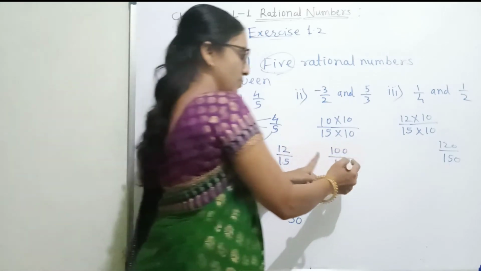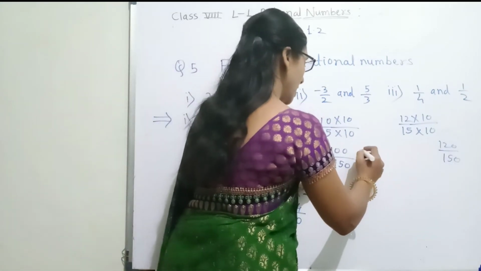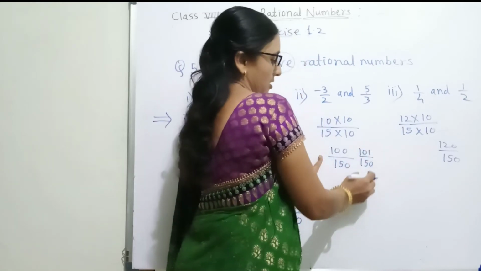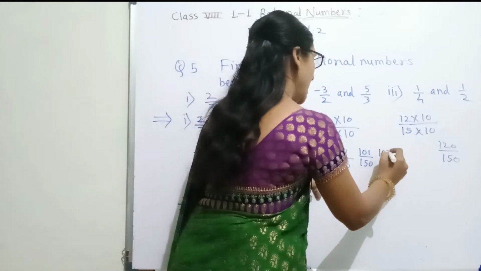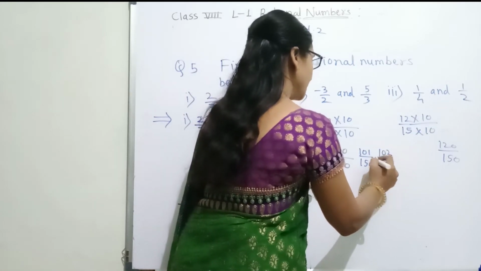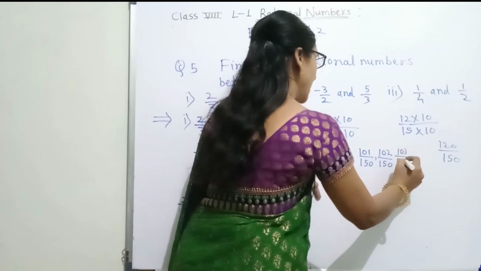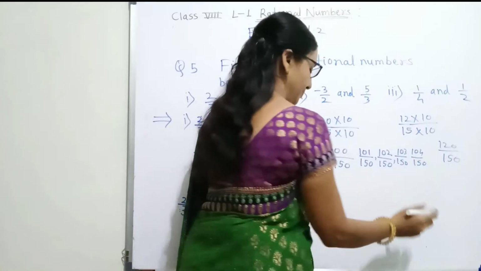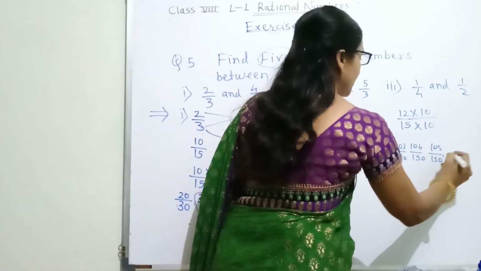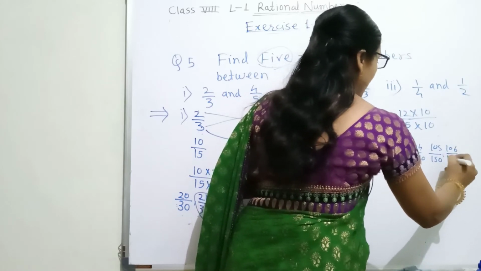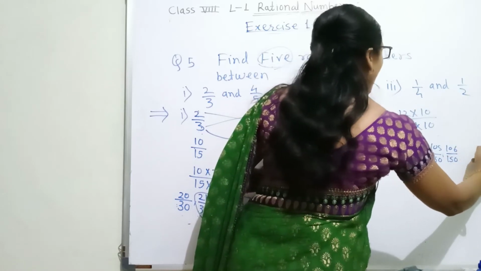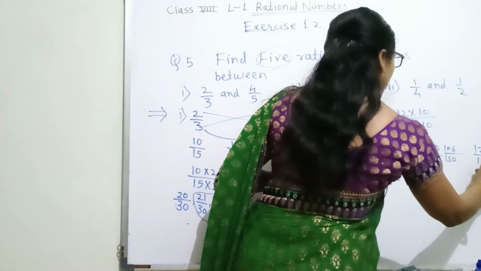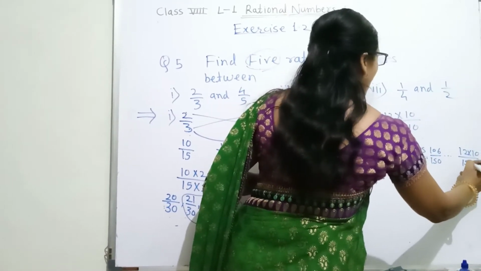Now the rational numbers between these two rational numbers, 100 by 150 and 120 by 150, are 101 by 150, 102 by 150, 103 by 150, 104 by 150, 105 by 150, 106 by 150, and so on. 12 multiplied by 10, 15 multiplied by 10 means 150.